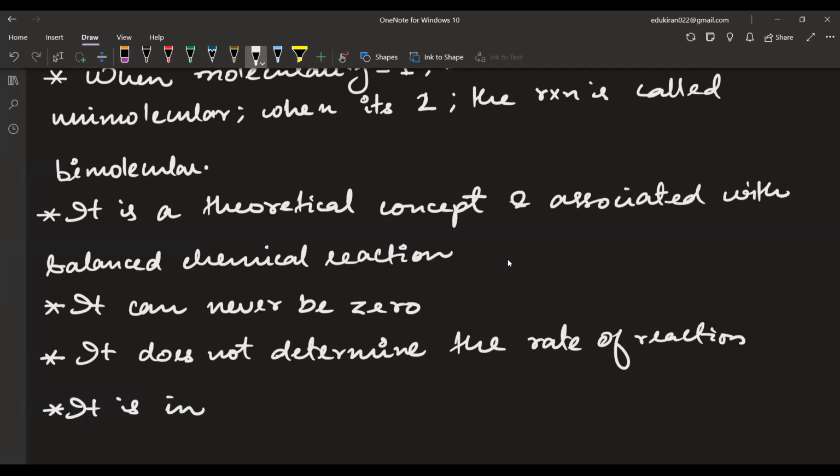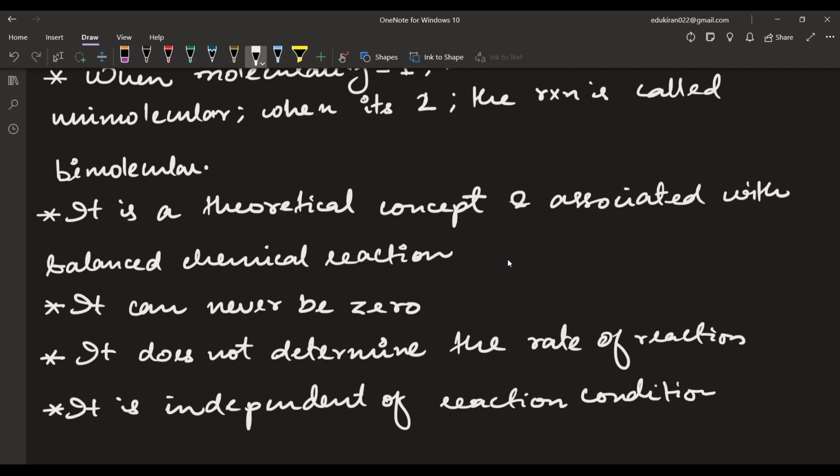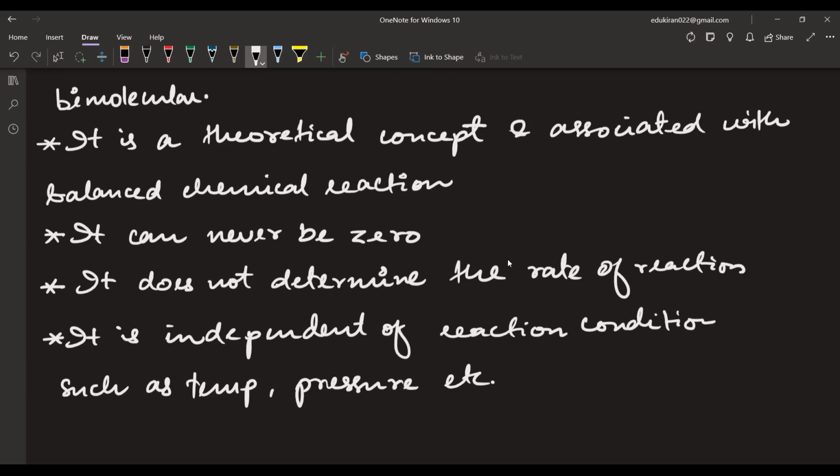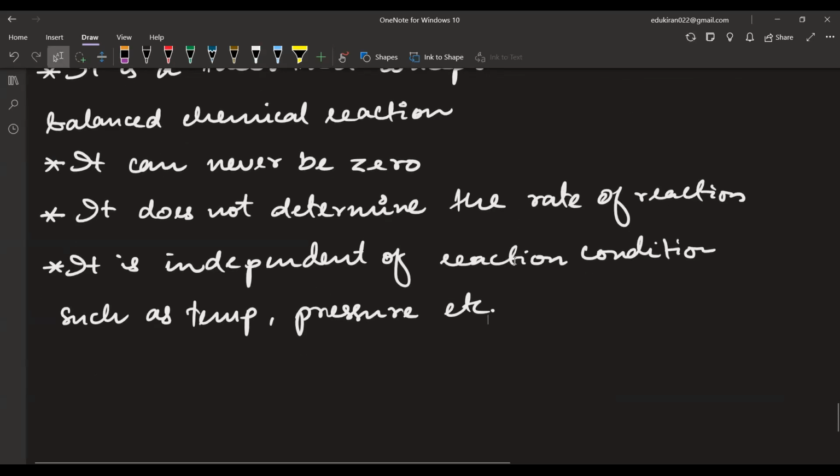It is independent of reaction conditions such as temperature, pressure, etc. Now, last point.